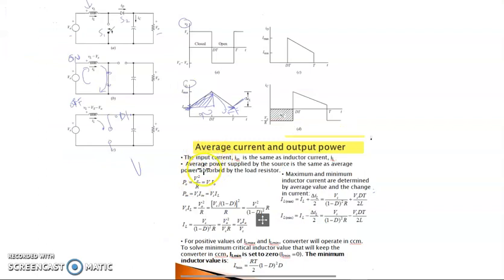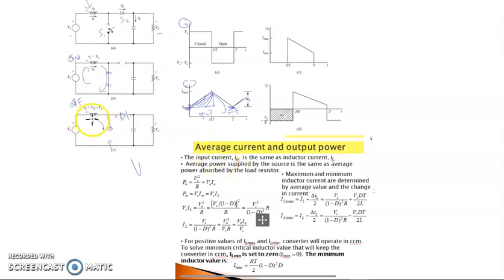And it was also stated that the input current is the same as the inductor current. So whatever comes into the circuit from the source will pass through the inductor and go to the load. It means the current that comes into the inductor is the same as the current measured in the load. Okay, also the power.